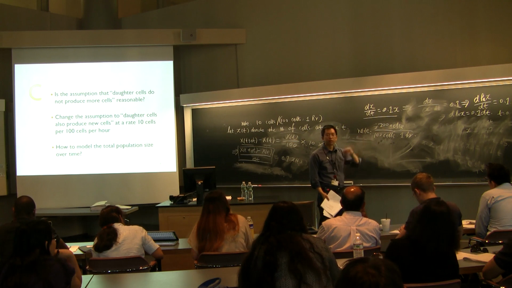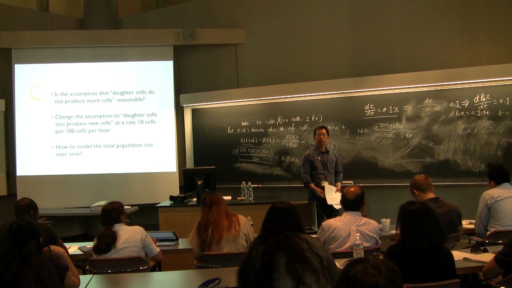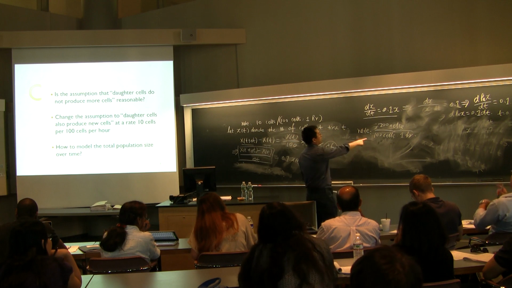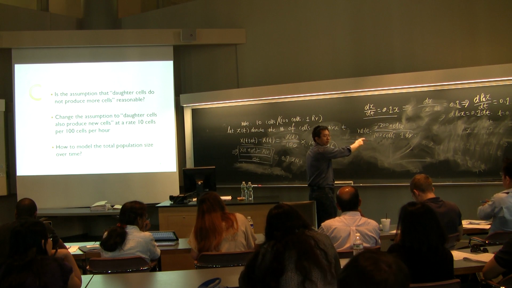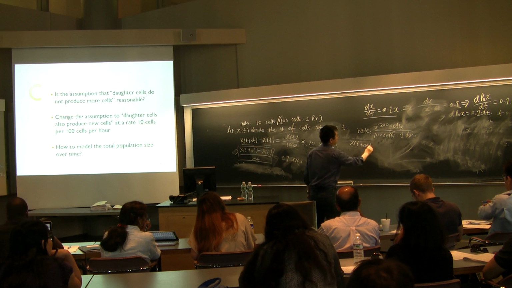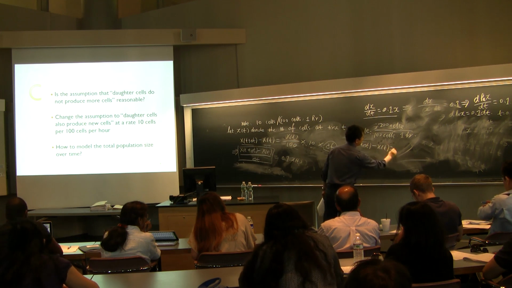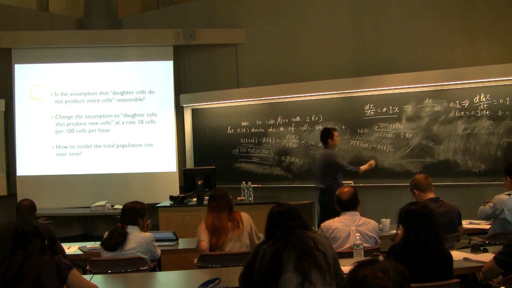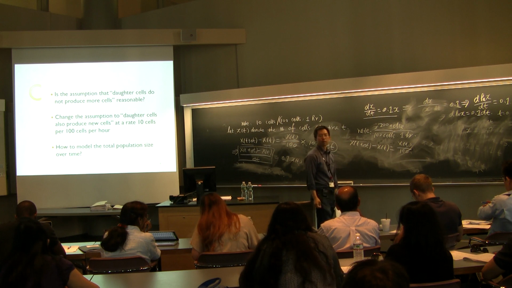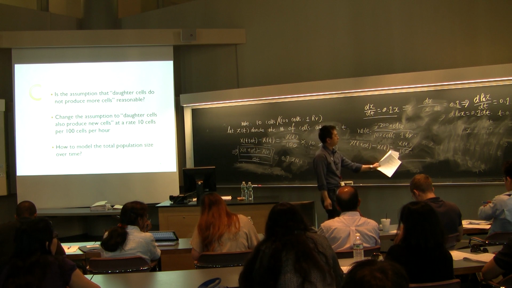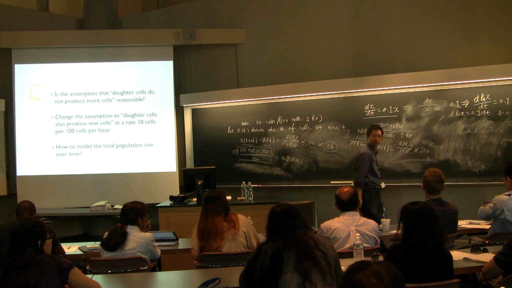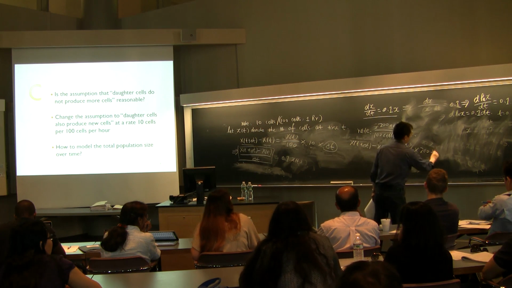So you get 200 cells, right? So if the cells divide fast, then I can use this rate and derive the equation again. So I will start from here by looking at the change again. And how many cells do I have at time t? That's this one, right? And we know each 100 cells will produce 200 cells per hour. When you multiply 200, then I multiply the time interval.